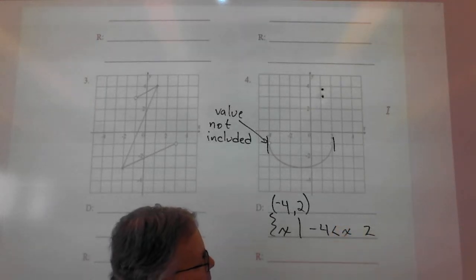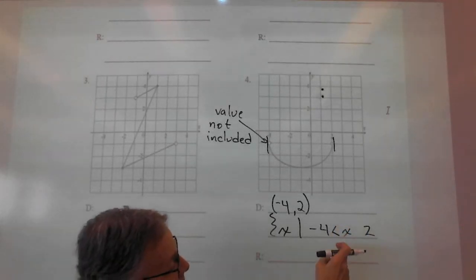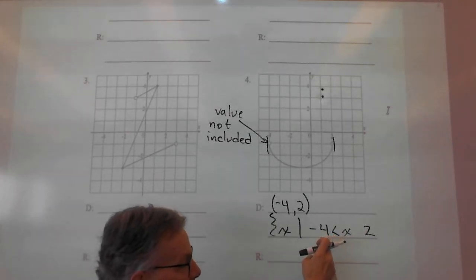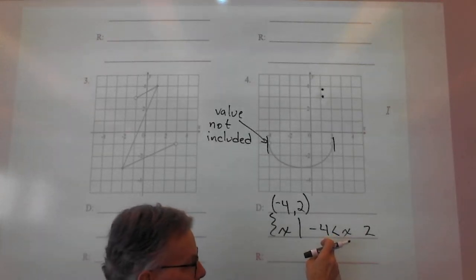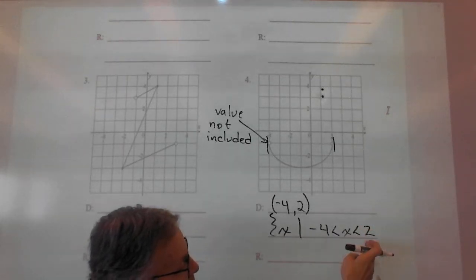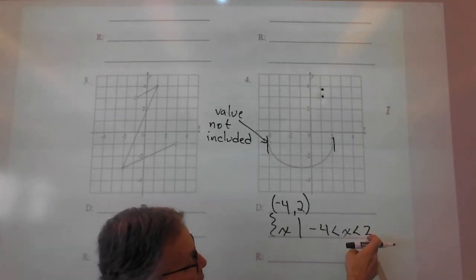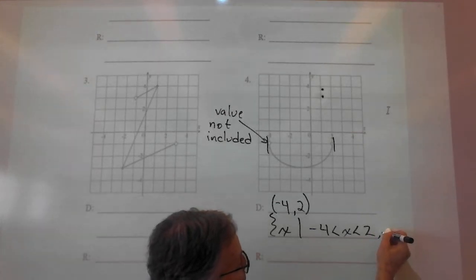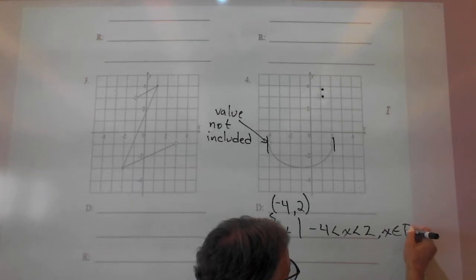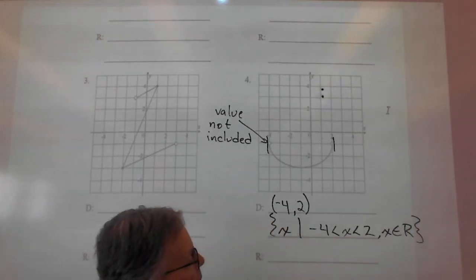Instead of greater than or equal to, we're just going to say x is greater than negative 4. Okay? It can't be exactly equal, but it can be just a little bit bigger. And similarly, it has to be less than 2, not quite there, but almost. And finally, x is an element, because we have a solid line, of the set of reals.